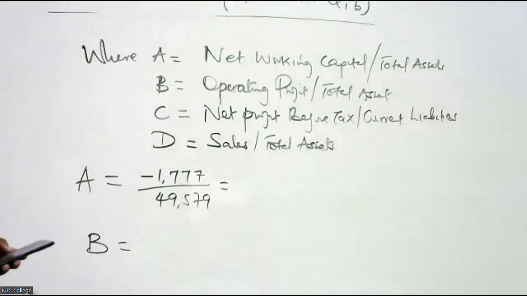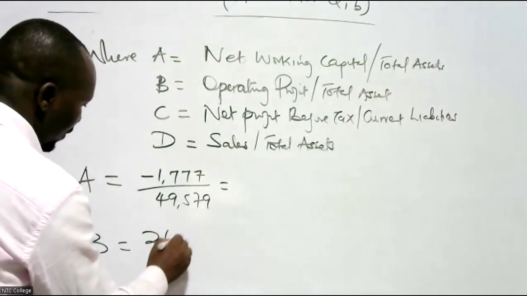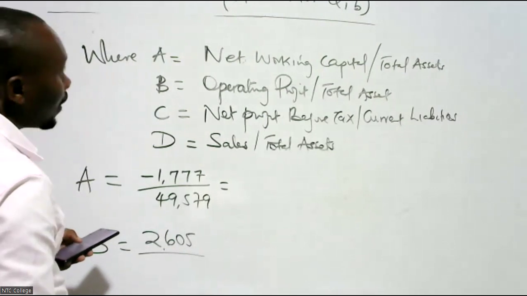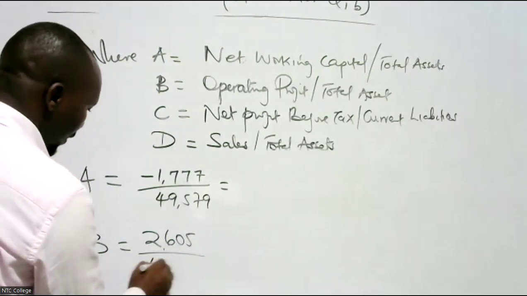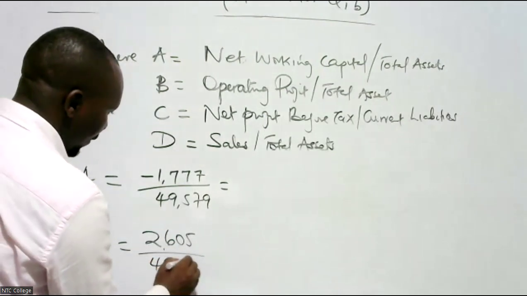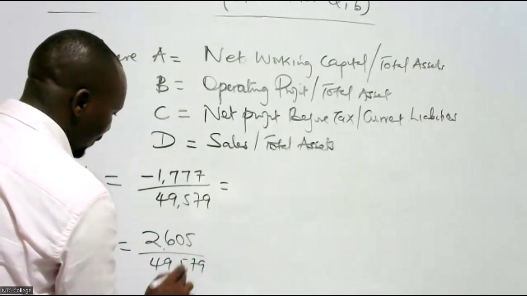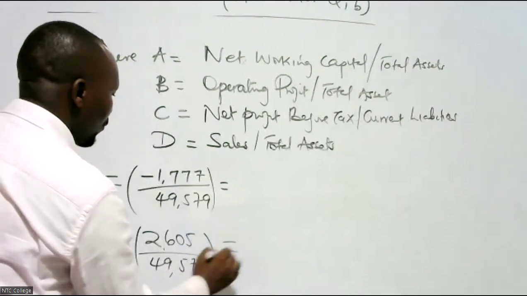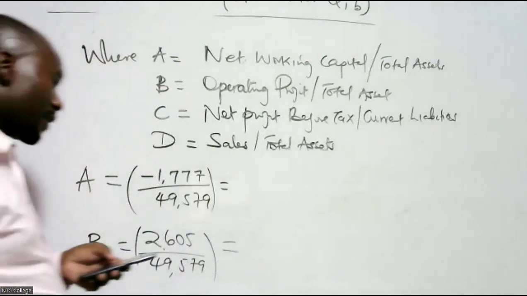So we have 2605 all over total assets, 49,579. Which answers are you getting?